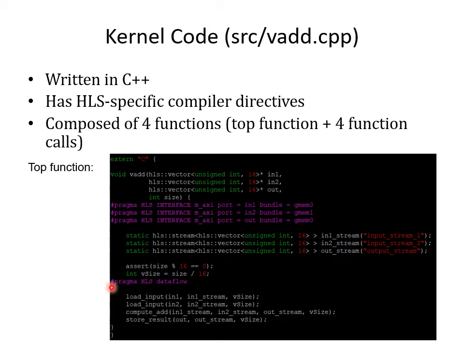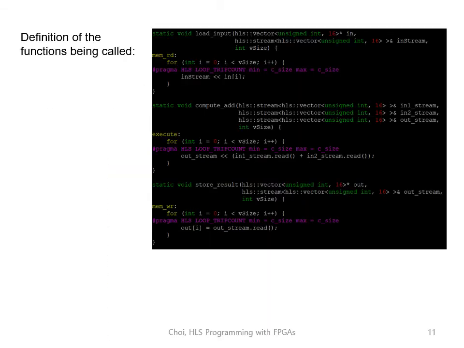The kernel code is composed of one top function and 4 function calls. Let's look at the definition of these functions in the next slide. This is the function definition. If you look at the code, the first function, load input, is copying data from one of the top function's arguments to a stream, which is a local memory structure.